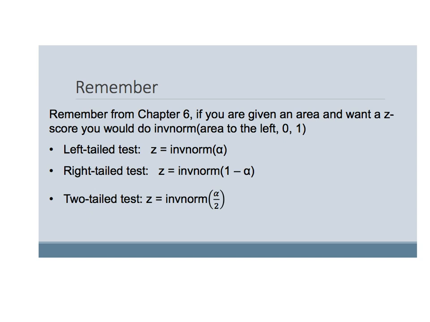If you have a right-tailed test and you want a z-score, you do inverse norm of 1 minus alpha, 0, 1, because it's a z-score. If you have a two-tailed test, that's the alpha over 2, 0, 1, because it's z-score. Remember, with the two-tailed, you'll have a negative answer and a positive answer. The other two, you'll just have one z-score, might be positive, might be negative, depends on alpha.